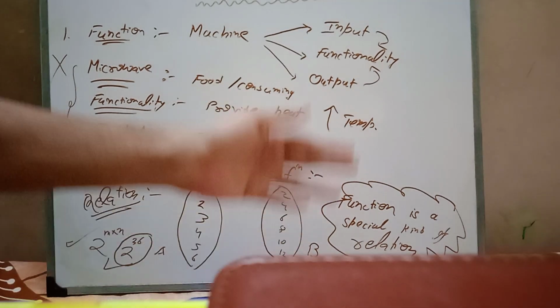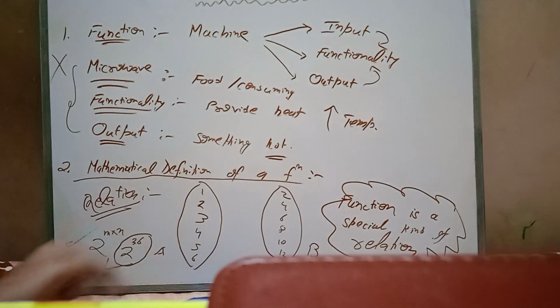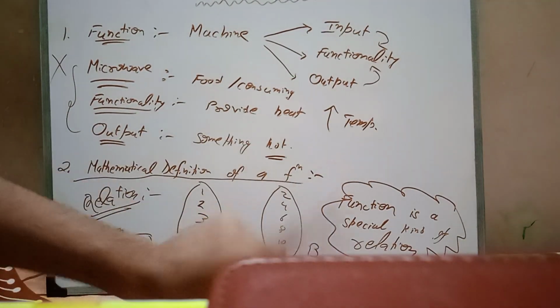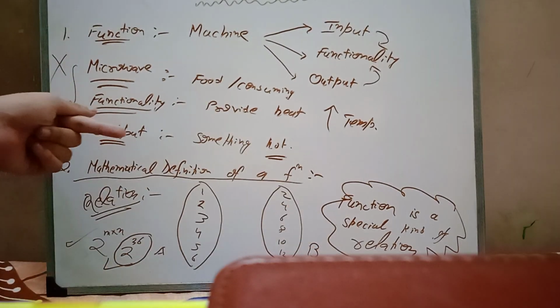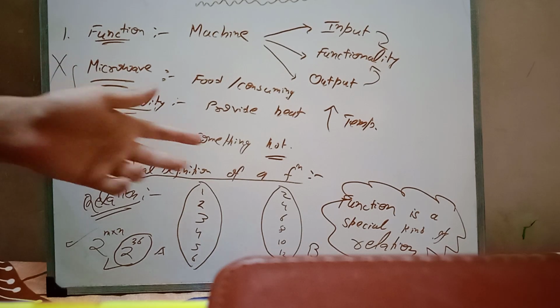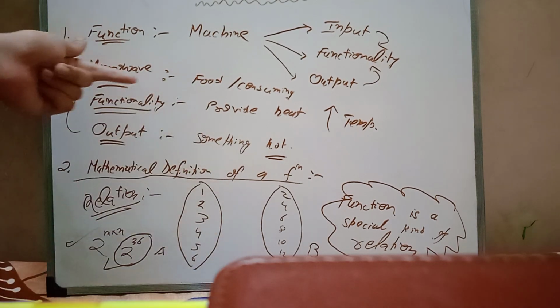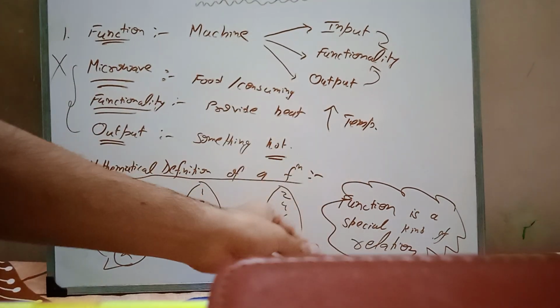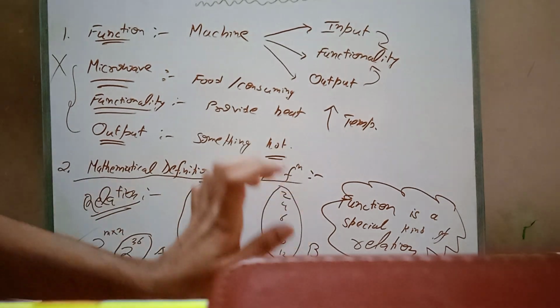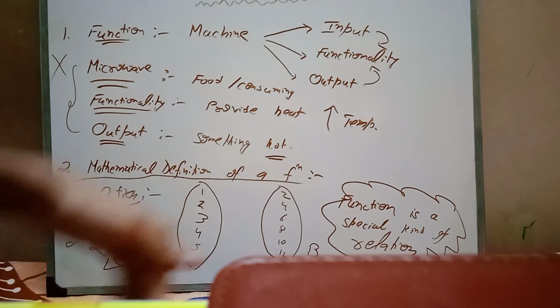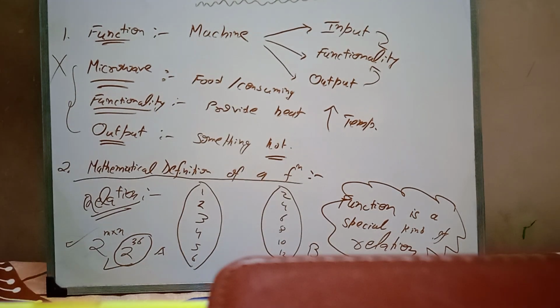Now I am giving you another definition of function. This is also not the true definition. This is the very layman terms definition, and this is a somewhat technical definition, but not a pure mathematical definition. The mathematical definition comes after we understand all these things.